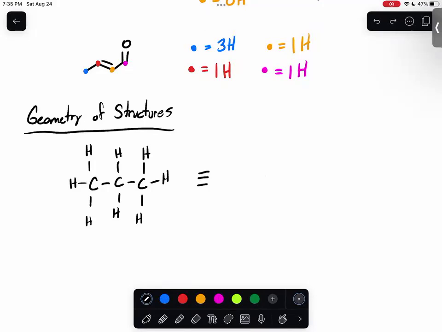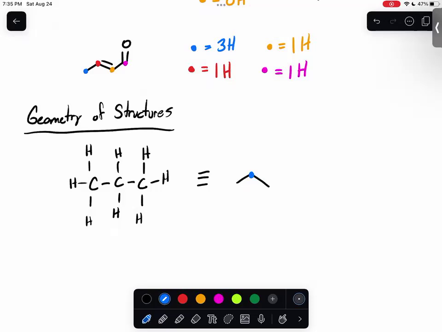Every line that we draw is at approximately a 45-degree angle. That makes it so that as we draw these, you can actually see those carbons that are in the middle because we're not drawing them in a straight line. So keep in mind that you're going to be using a lot of 45-degree angles, but there are some cases where we won't, which we'll take a look at momentarily.